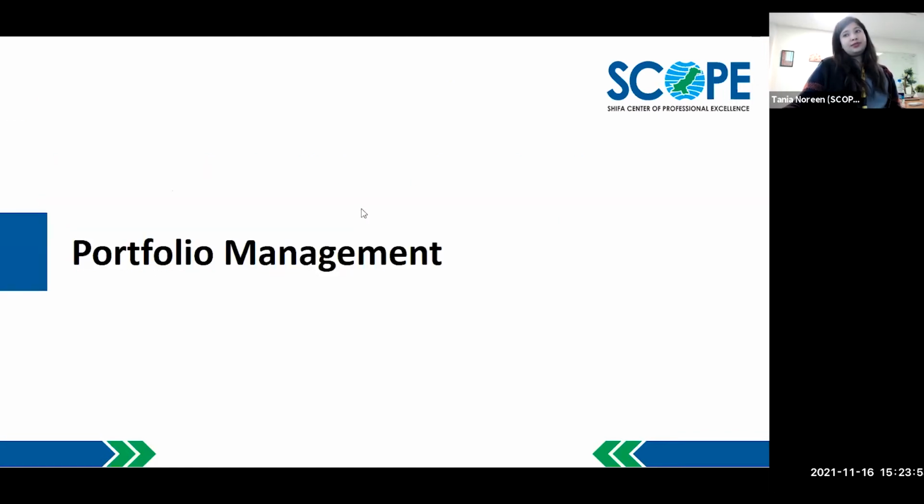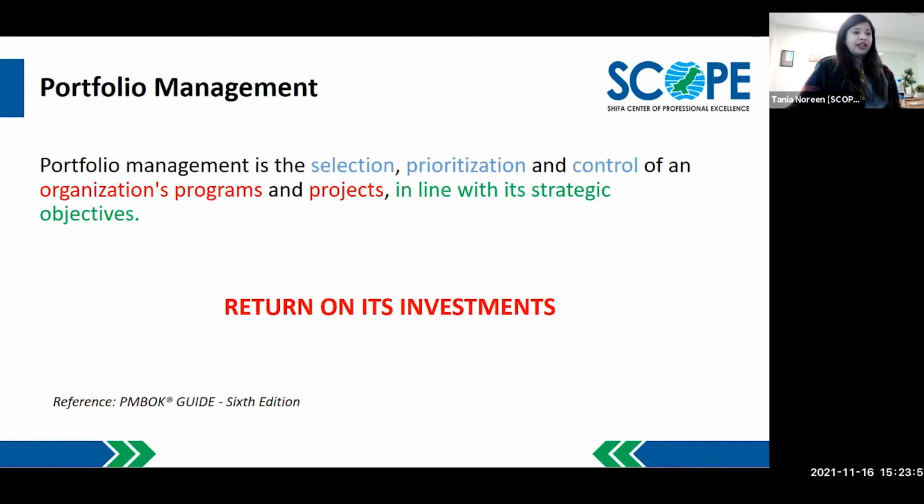Then it's portfolio management. Portfolio management is the selection, prioritization, and control of an organization's programs and projects in line with its strategic objectives.